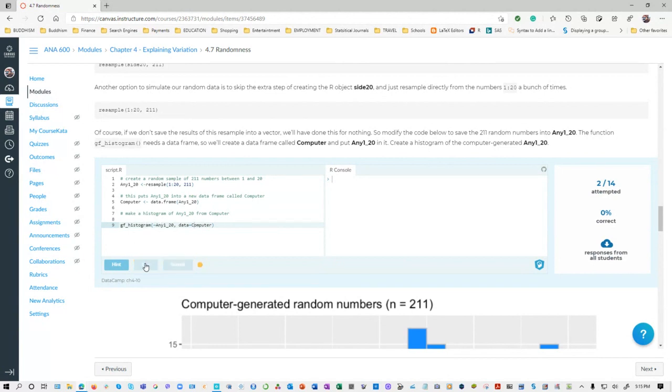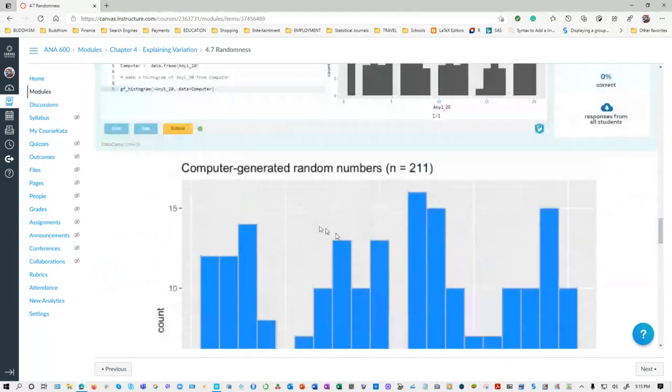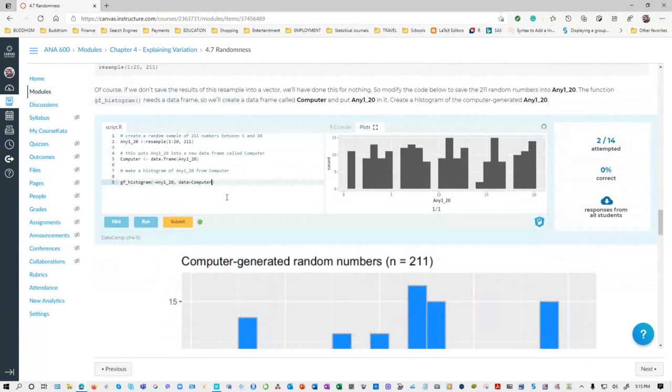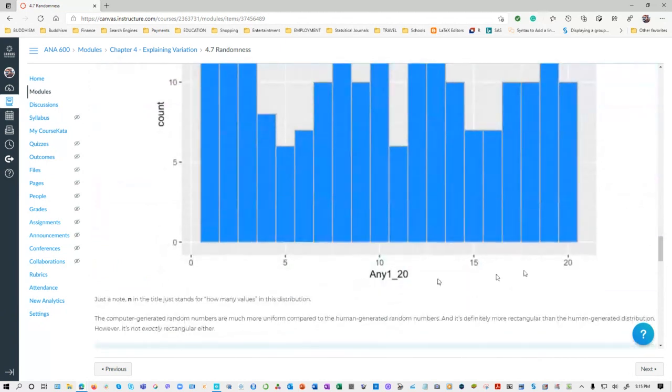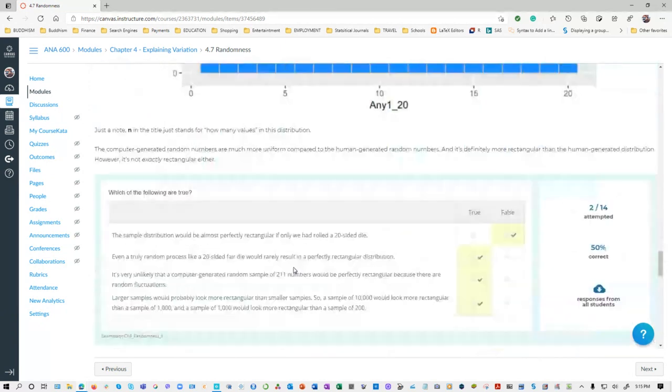And since we have 20 values, you can give the bins first as 20 to join them. Otherwise, they will be like the income variable.